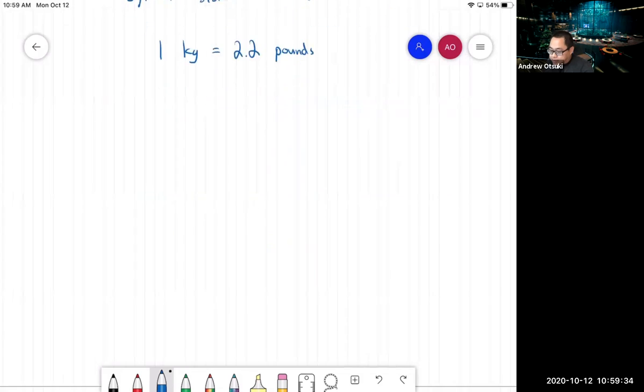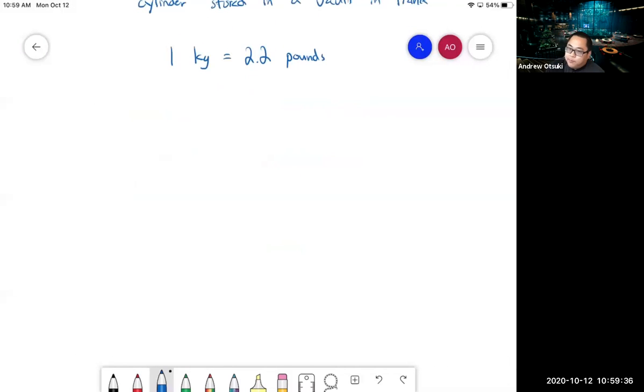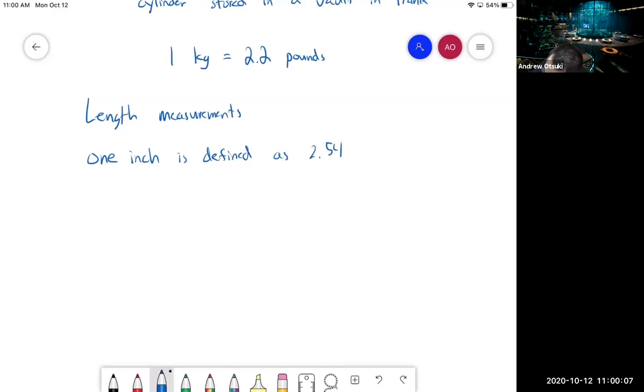Now we're going to talk about measurements that are often seen that are not part of the metric system. All right, let's talk about length measurements. 1 inch is defined as 2.54 centimeters.